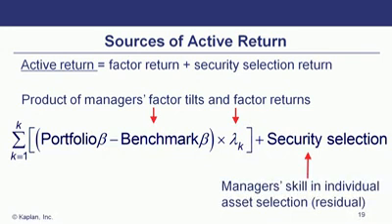So what we can do now is break down this active return a little bit, as a starting point for thinking about it. Active return can come from two sources. One is called factor returns. Let's think of a portfolio composed of different sectors, sector A and sector B, transportation and materials, or whatever it happens to be.